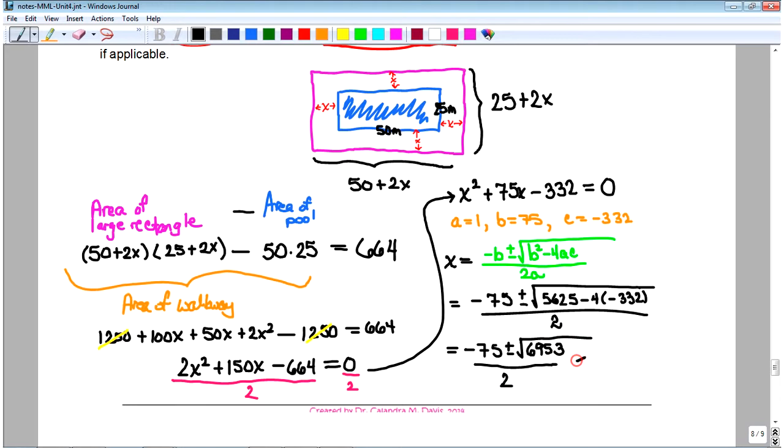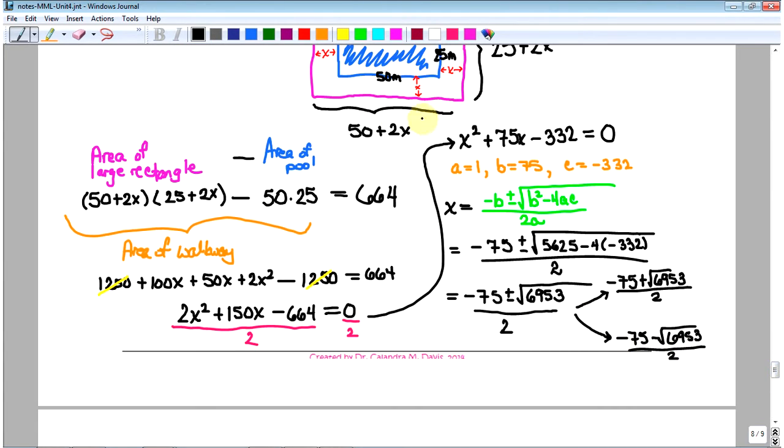So we have two possible answers, one with the addition and one with the subtraction. So negative 75 plus the square root of 6953, all divided by 2. And then negative 75 minus the square root of 6953, all over 2.